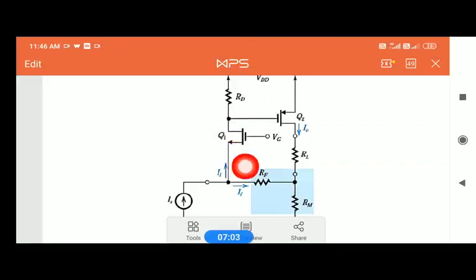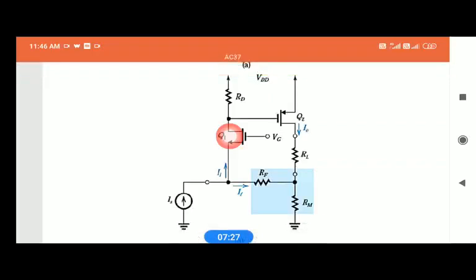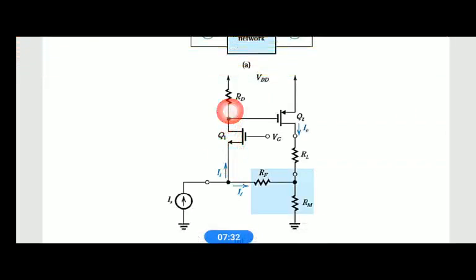But here the current flows in the reverse direction from source to drain, so the impedance between drain and source is more, right, hence the voltage at the drain is more. The current flows from drain to source, the voltage at the drain should be less. Since the current flows here from source to drain in the reverse direction, the voltage at the drain is more.